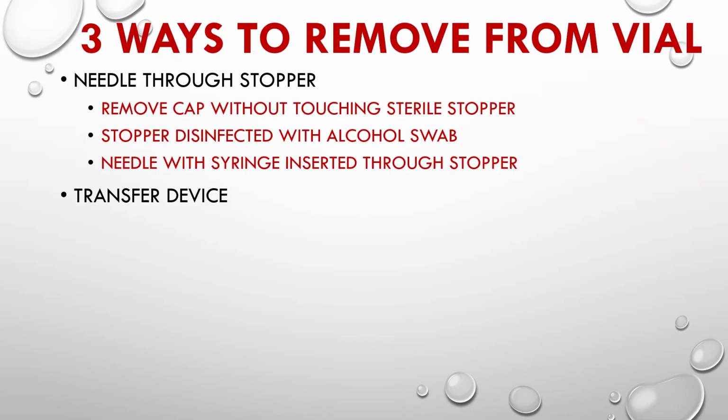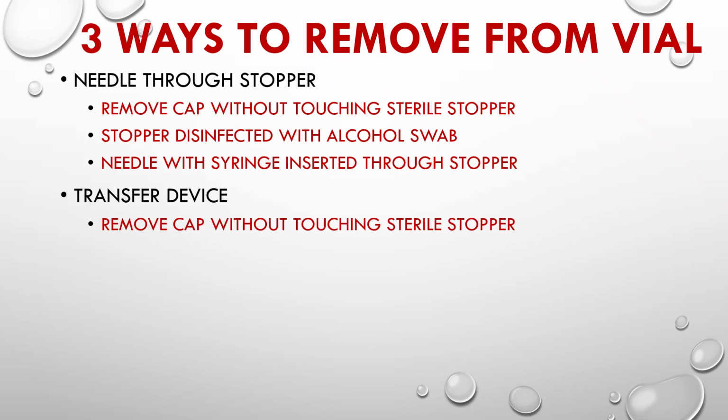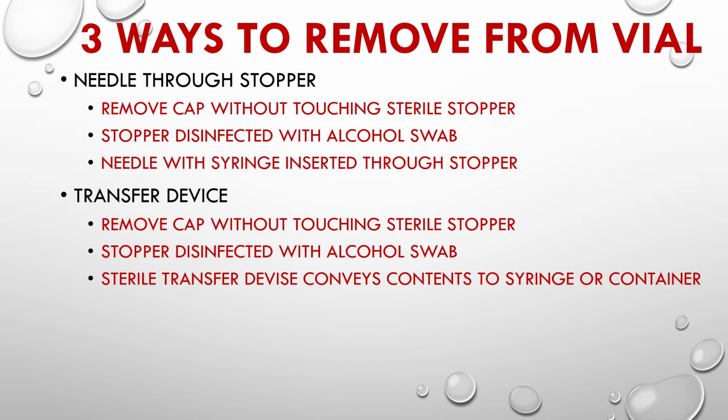You can also use what's called a transfer device. Again, we're removing the cap without touching the septum or the stopper, disinfecting with the alcohol swab, same as the other one, but now we're using a sterile transfer device to convey the contents to a syringe or to a container. And then finally, you can also pour the contents out.